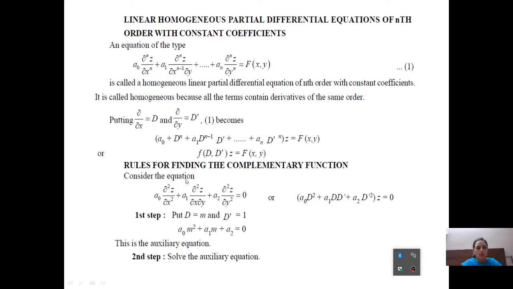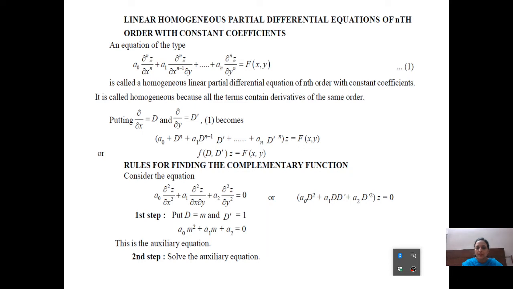Now, rules for finding the solutions of such equations are similar to the solution of differential equation of nth order with constant coefficient that you have studied in first year. So the complete solution is the combination of two parts.